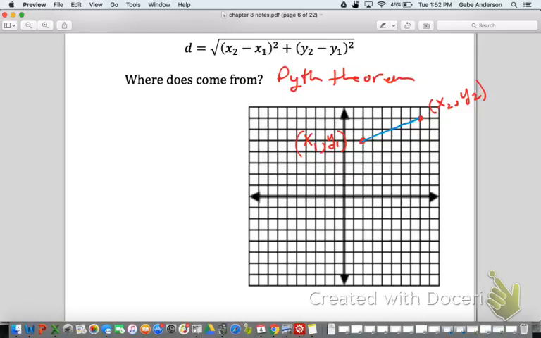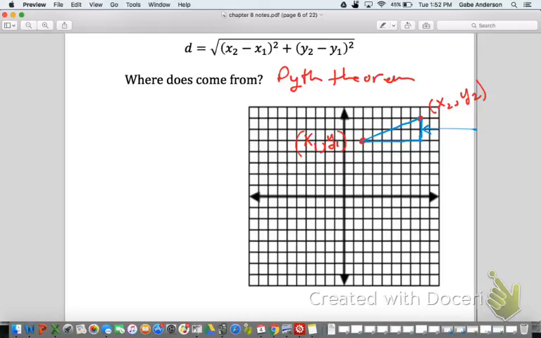So then to figure this out, to use the Pythagorean theorem, I would draw a little right triangle here, like this. This side length over here, the vertical side length, wouldn't that be related to the y's? Isn't vertical on a graph related with y? Yeah.